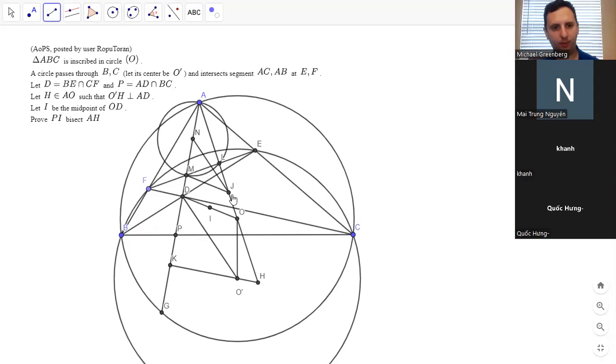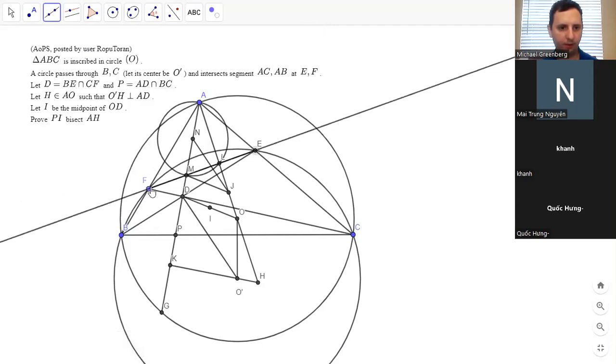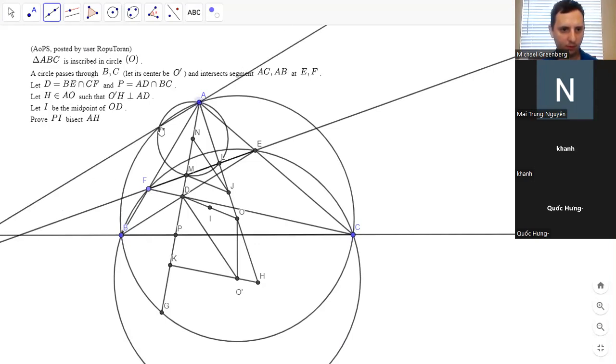Because J is the midpoint of AH. And O prime D, I wonder if these concur. So if we draw EF, BC, and this, no, those don't concur.